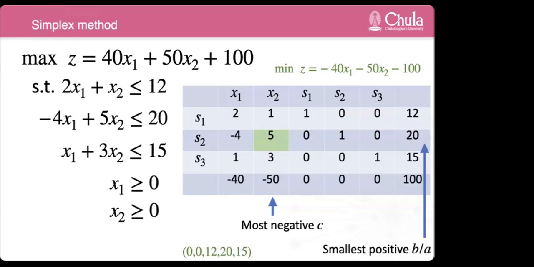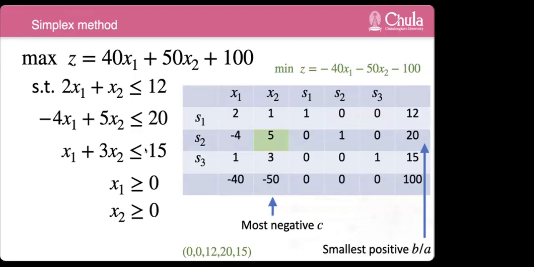We want to maximize 40x1 plus 50x2 plus 100. We write this objective function as a minimum. We minimize minus 40x1 minus 50x2 minus 100.